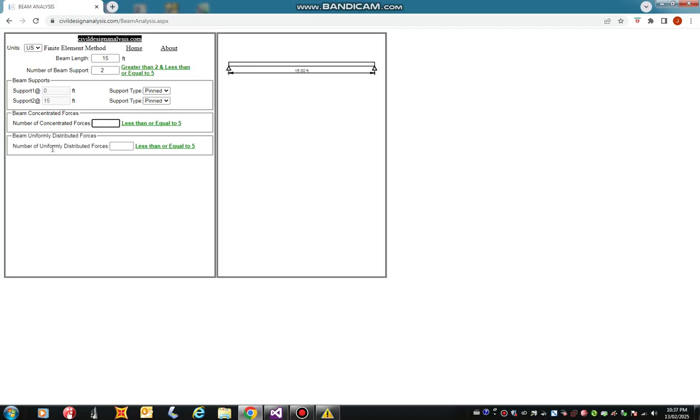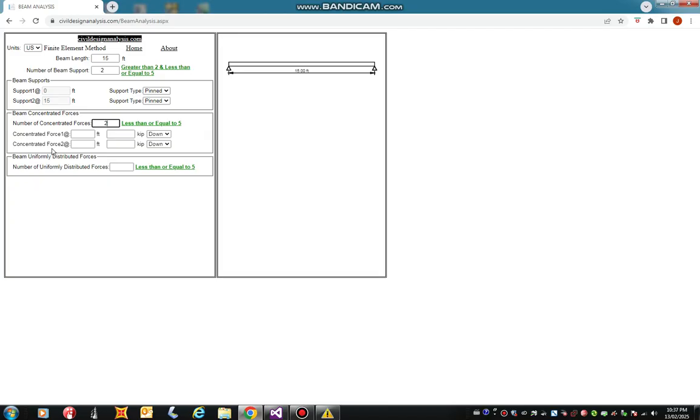As we put two concentrated loads, it asks for force 1 located at so many feet, and the magnitude of the force, and the same for the second one. Then here is the direction of the forces. Let's do it with one concentrated load, for example, and put it 2 feet from the left side, and the magnitude would be 5 kips.